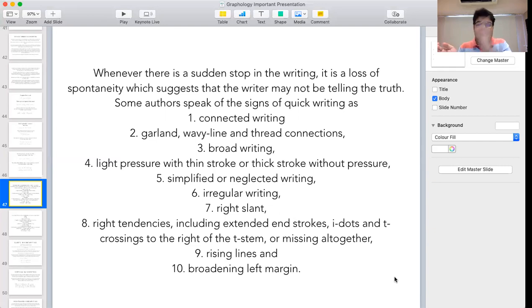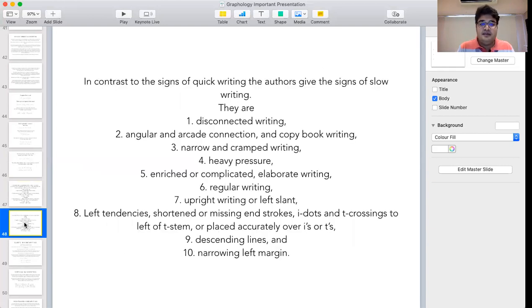Everything moves towards the right. On the left margin, there is more and more space. So that is one particular aspect.